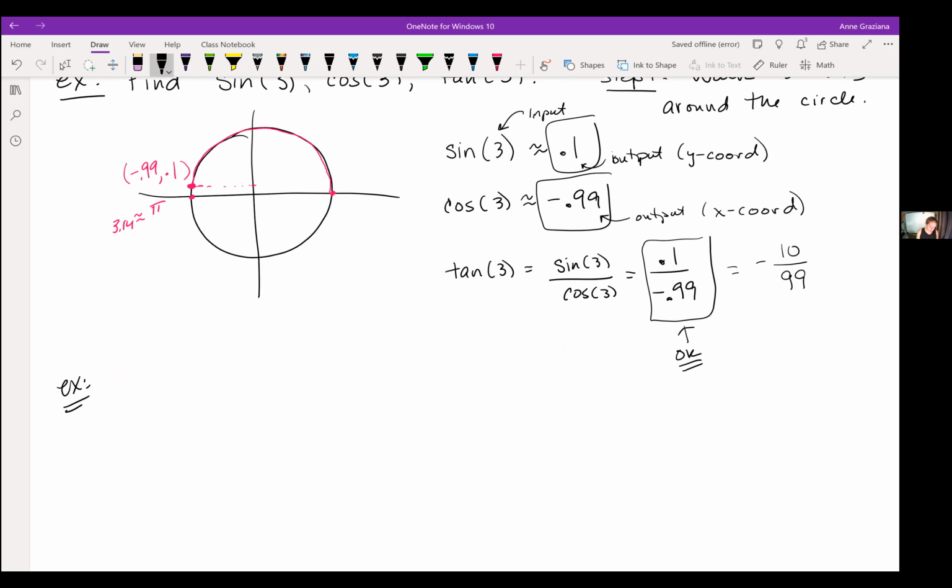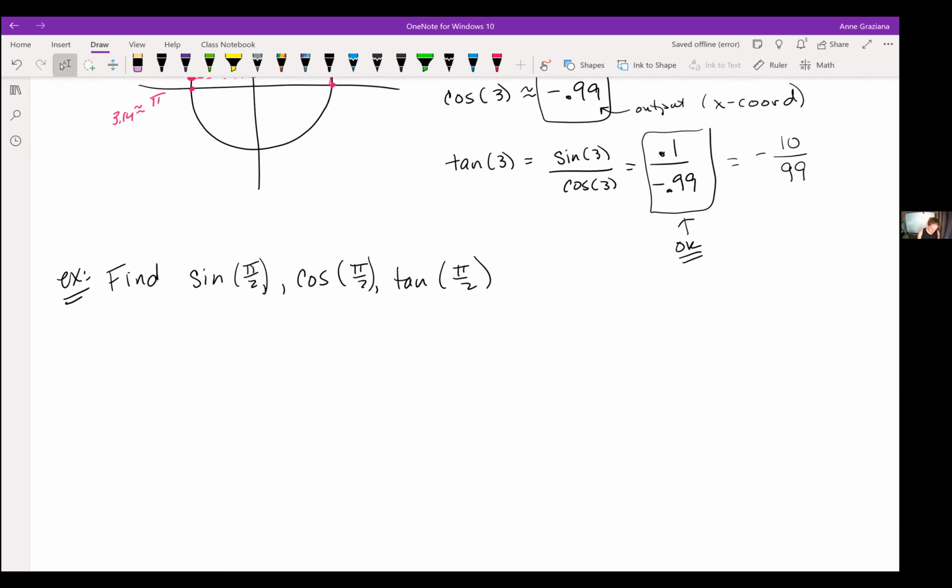Let's find, and here we go, sine of pi over 2, and we're going to just do them all. Cosine of pi over 2, tangent of pi over 2. All right, so here's my unit circle.